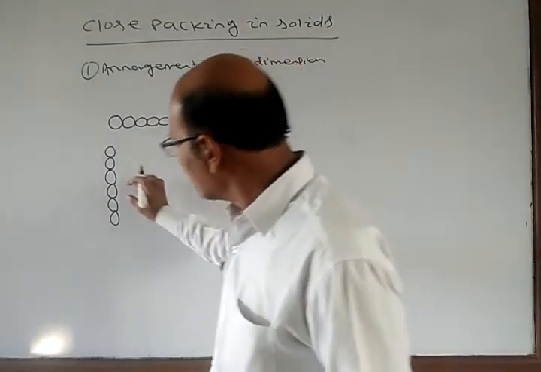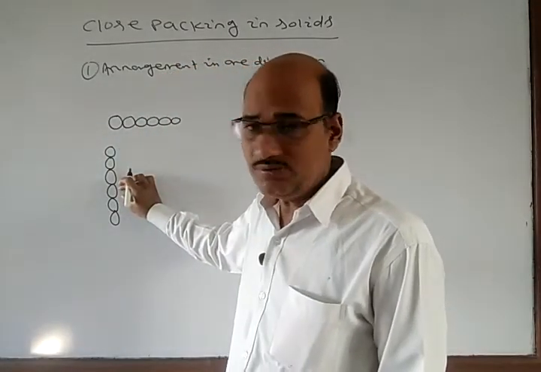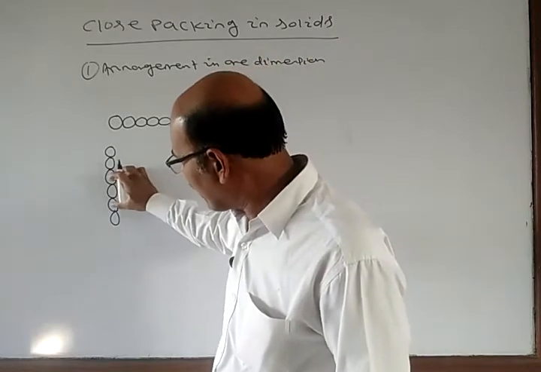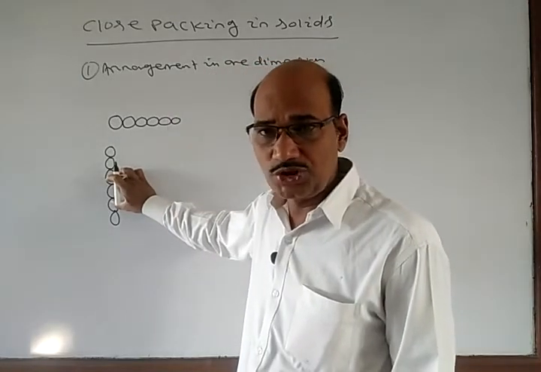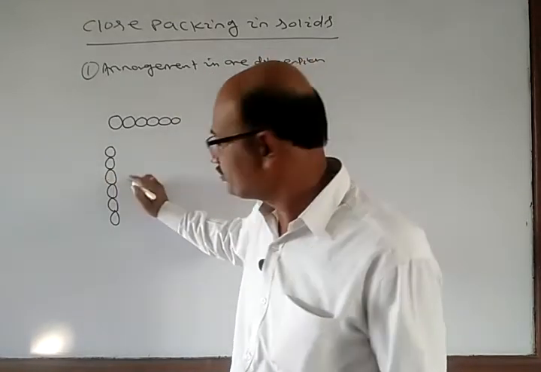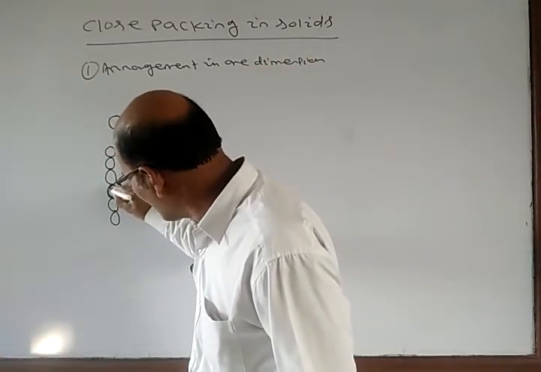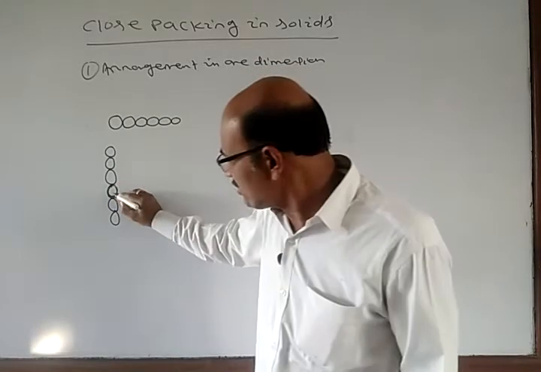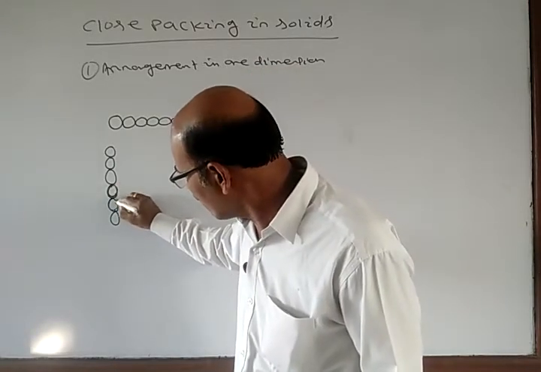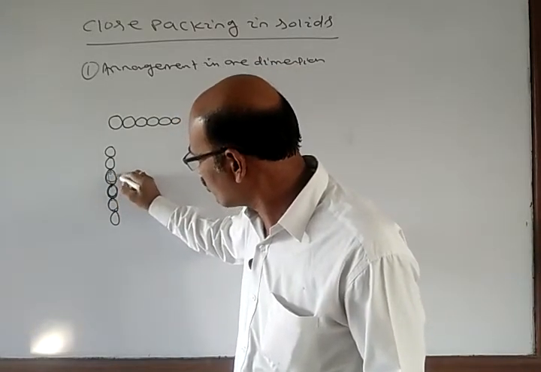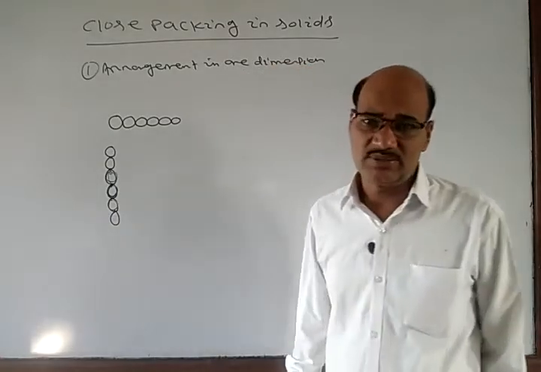Here you see each constituent particle is surrounded by another 2. The coordination number here is 2. If I consider this one particle, it is surrounded by one here and one here. This is called the one dimensional arrangement.